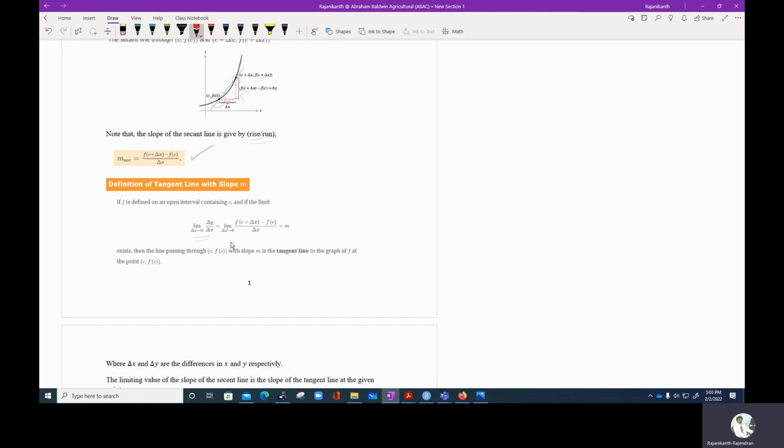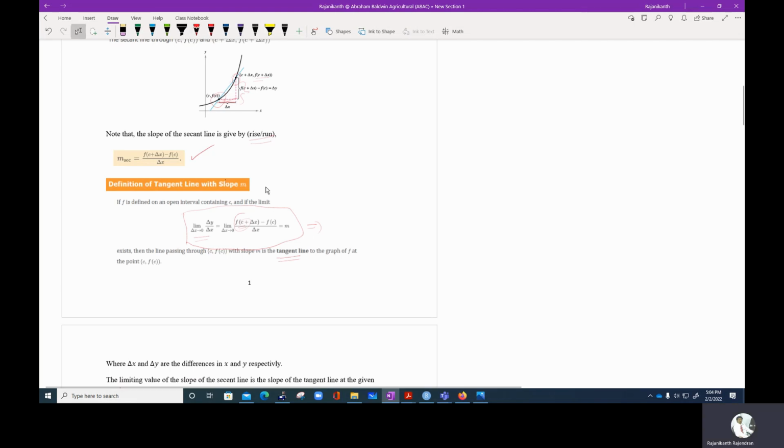The limiting value of the secant line is nothing but the tangent line, the tangent line at the point you are interested in. So we consider the point c on the curve. Therefore, this definition will give you the slope of a tangent line.